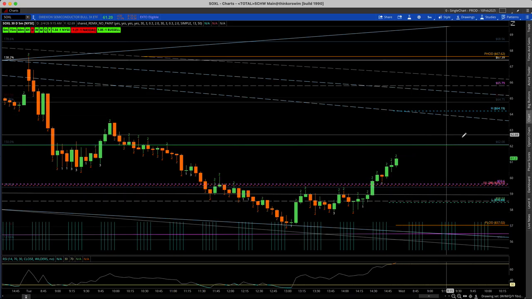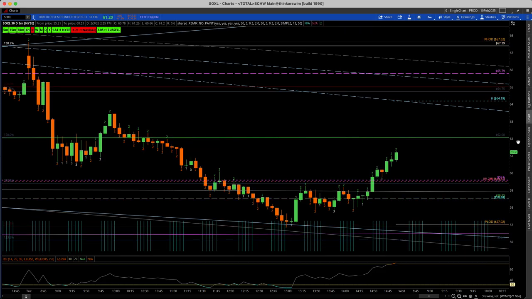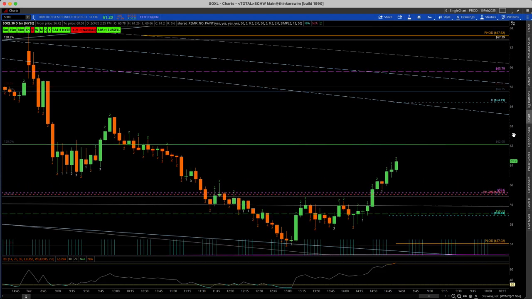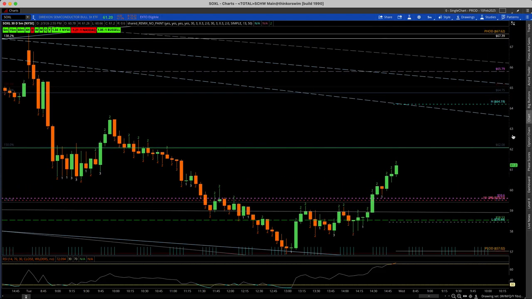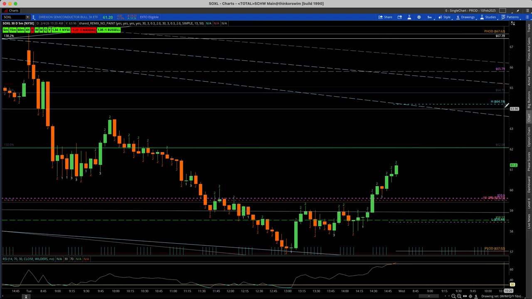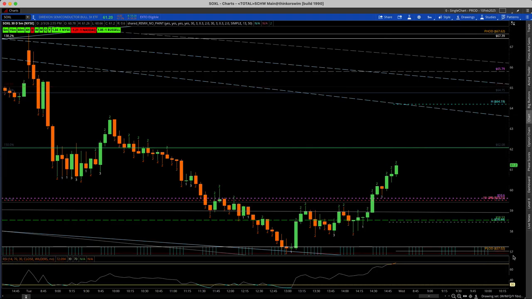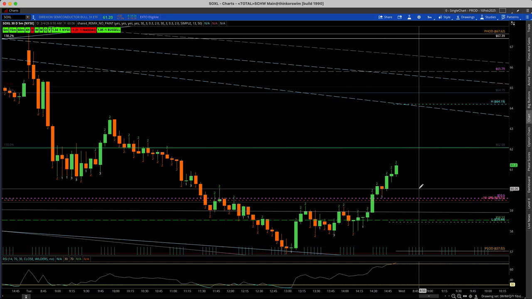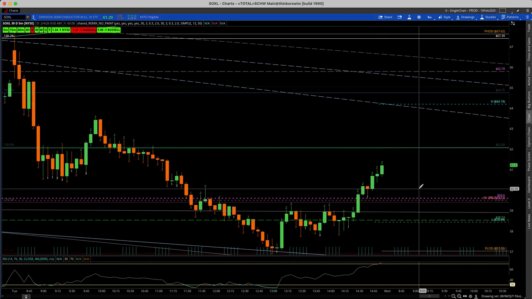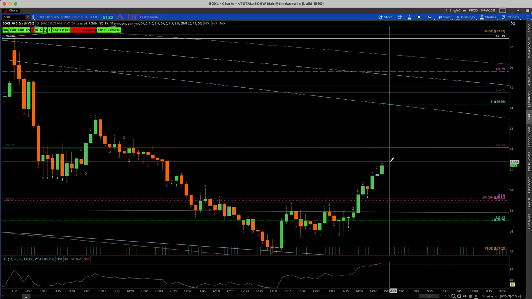So we'll say that that is the range for the overnight trading action, and we now have our 4 hour markers on the chart, right? Those 4 hour markers are previous high of day up here at the top, overnight high, overnight low, and previous low of day. The only 4 hour marker that we have left to get is the opening print, and of course we have to wait till Wednesday's trading to start to get that opening print.